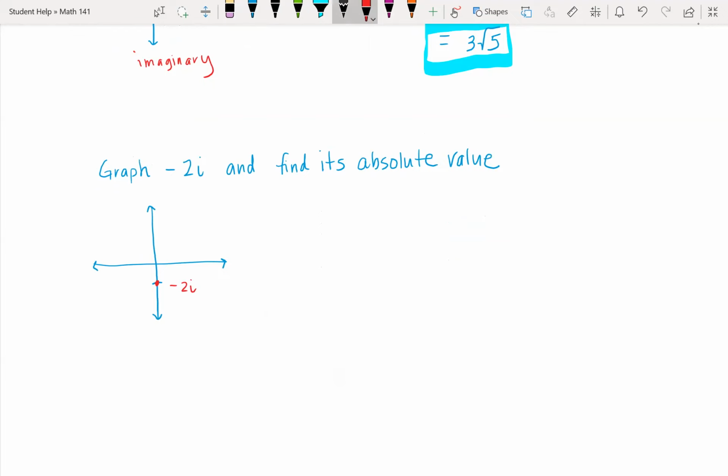We could rewrite this number as 0 minus 2i, right? The real part is 0. So when we're thinking about taking the absolute value of negative 2i, we're really saying the x-coordinate is 0 and the y-coordinate is negative 2. So we end up with the square root of 4, or 2.